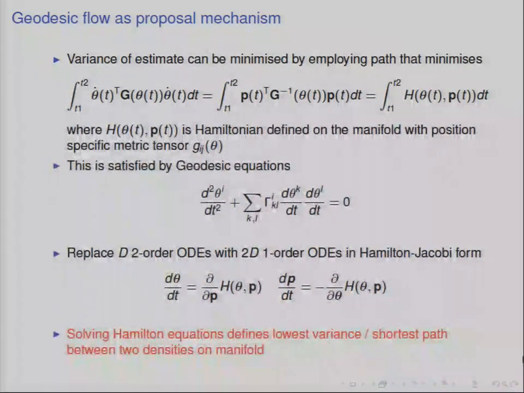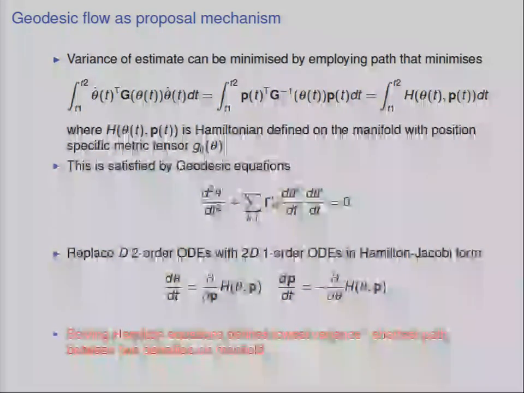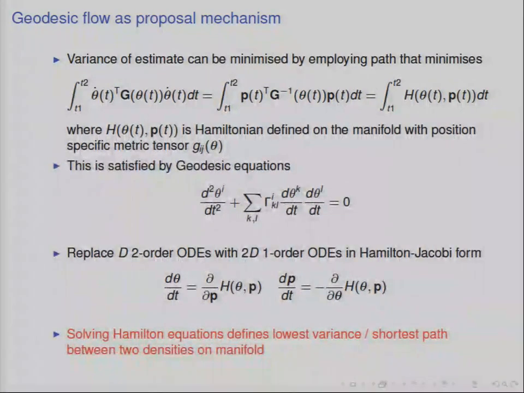Whereas if you define it on the Riemannian manifold as we've done, and we employ the appropriate metrics and connections, then it's completely invariant to the parameterization, and this is exactly what we want in probabilistic modelling. So this is a very nice insight, I would say. Solving Hamilton's equations and defining a proposal, in actual fact, defines this lowest variance path, which happens to be the most efficient or shortest path to get from one density to another on the manifold.